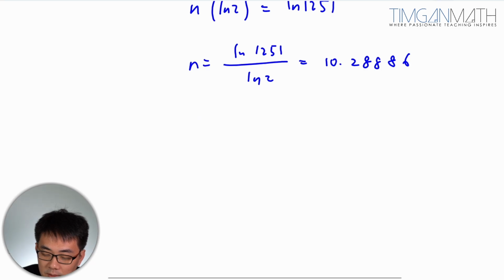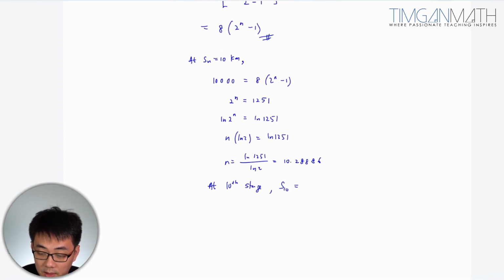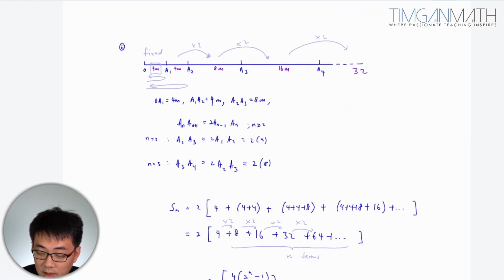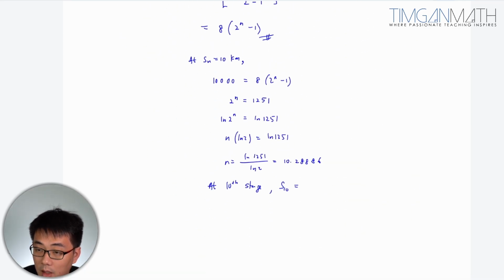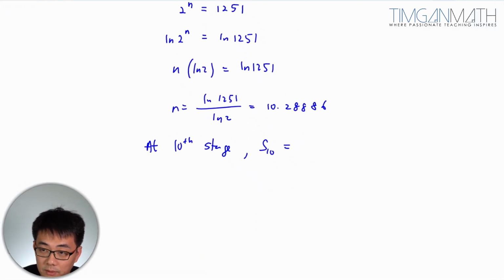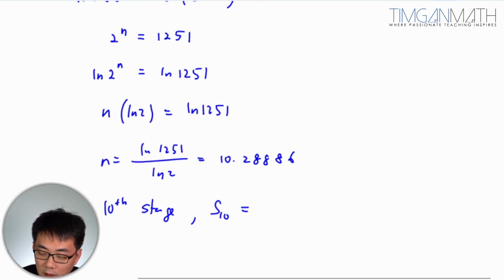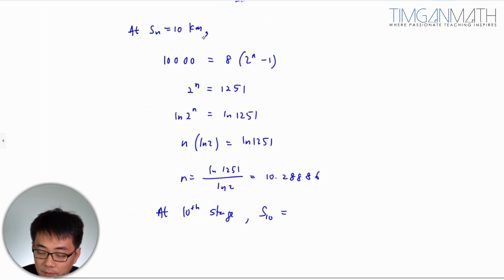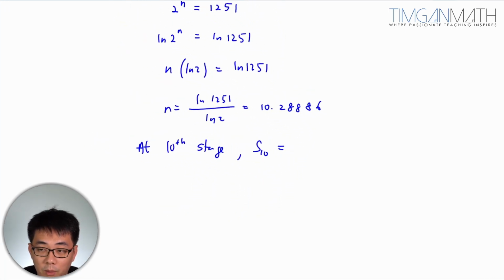At the 10th stage, we just need to find the distance traveled after the 10th stage, then we can subtract it off from 10 km. Then we could find out which direction he is traveling.